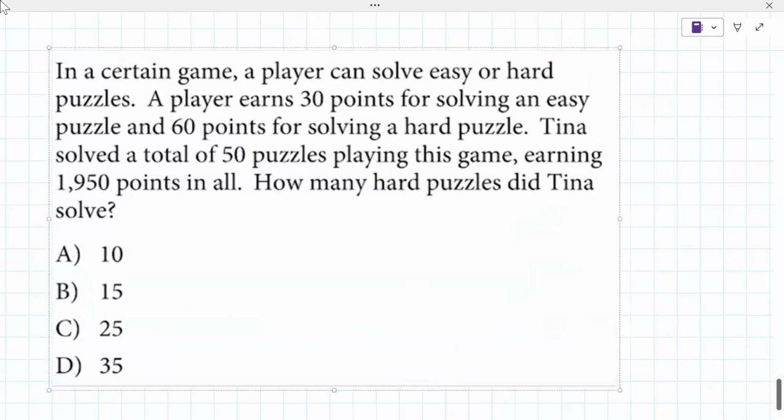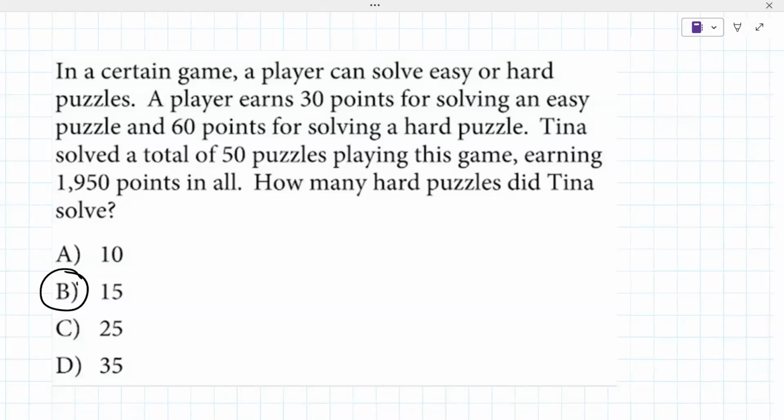Here is either our last or second to last one of these. 15. It is 15.